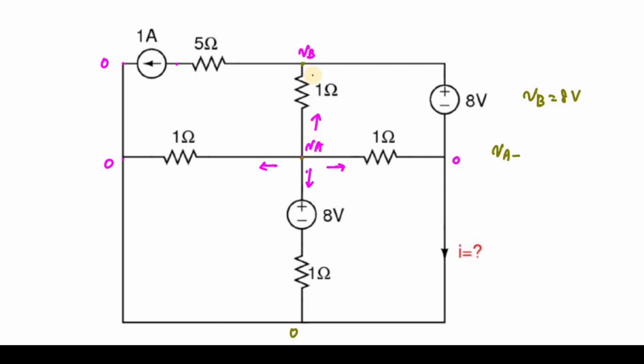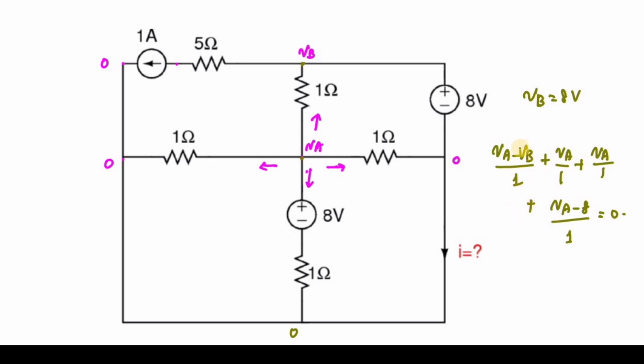So VA minus VB divided by 1 plus VA minus 0 divided by 1 plus VA minus 0 divided by 1 plus VA minus 8 divided by 1, that is equal to 0.